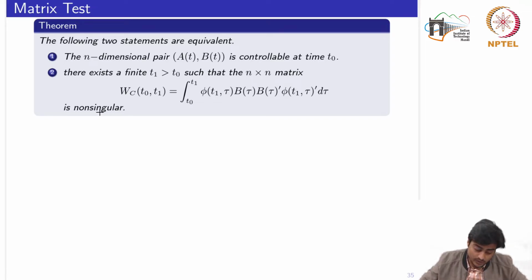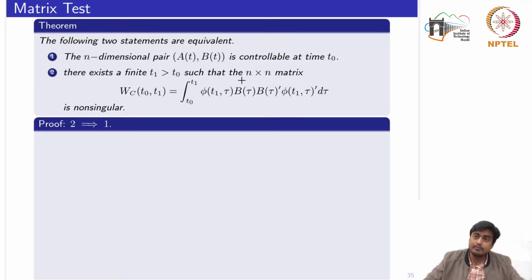Recall that when we introduced the controllability Gramian while discussing the subspaces, we made an assumption that it is symmetric and positive semi-definite. When a matrix is only positive semi-definite, it can be singular. Now it gives us a strong result that if the controllability Gramian is non-singular, or positive definite, then the system would definitely be controllable.